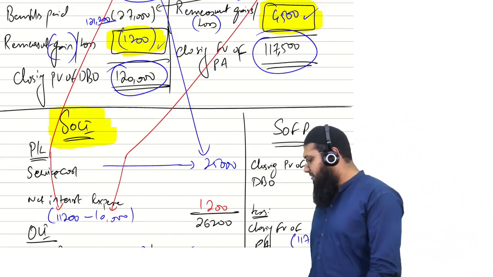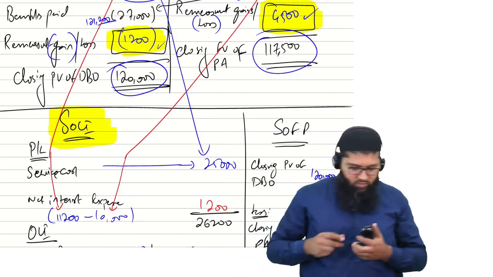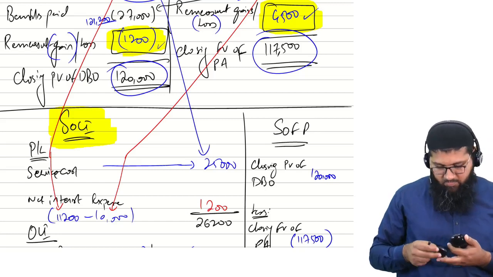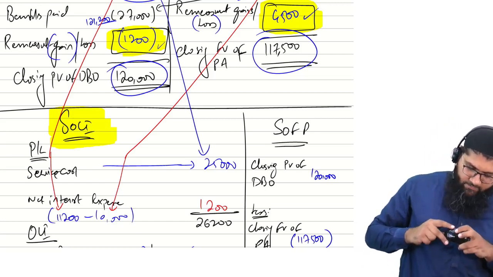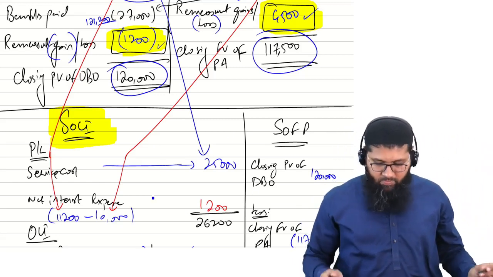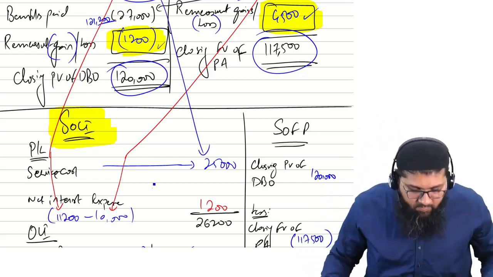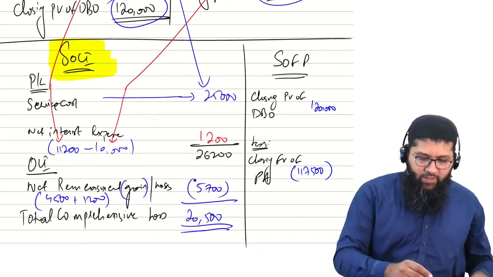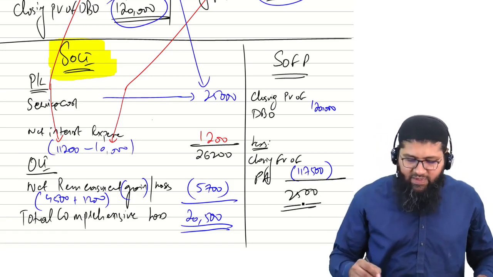So hence it is actually going to be 2,500 as your defined benefit liability.